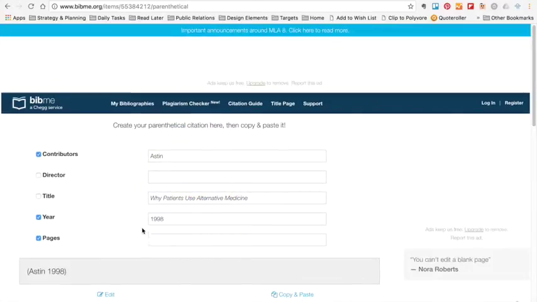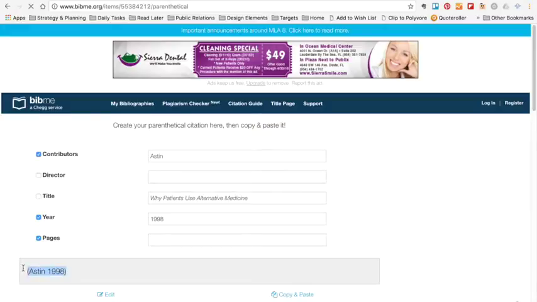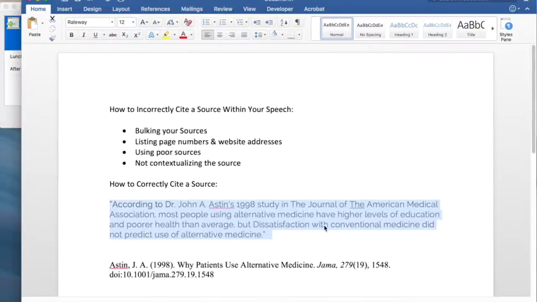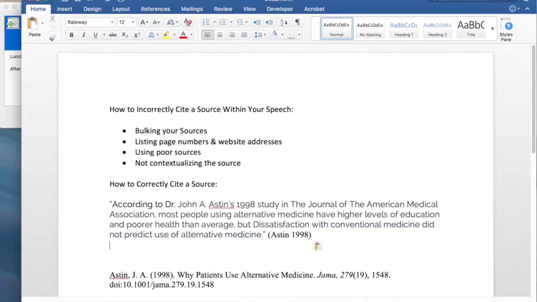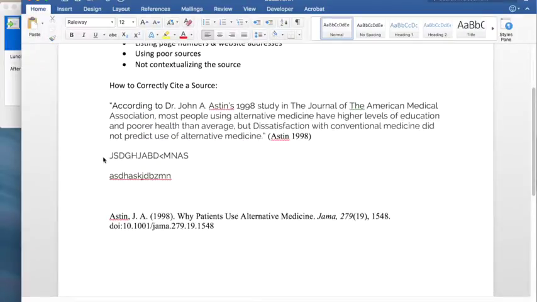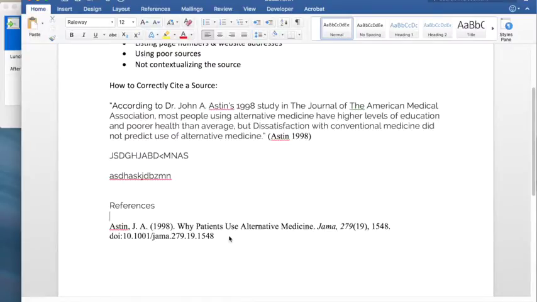Again, it's going to say, is this correct? And this right here is my parenthetical citation. So I'm going to copy and paste, go back to my Word document, and that's how I do it. So then I would type my paper, blah, blah, blah, and then at the bottom of my paper, I'm going to have my references section, and this is my citation within the references section.